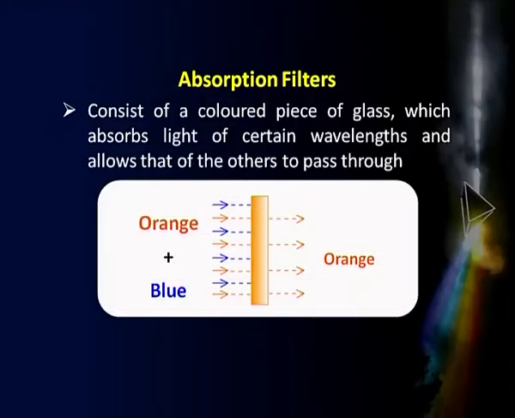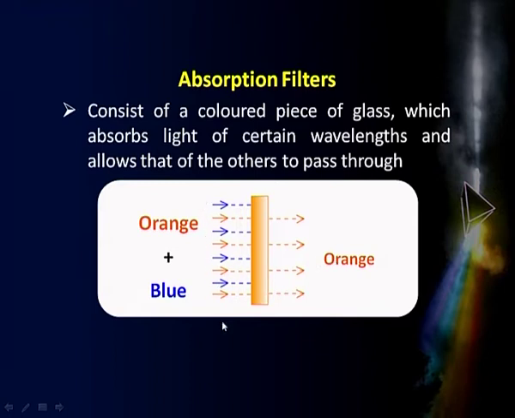Say I am talking about white light, that white light can be created by suitably combining say an orange and blue color. Suppose this is falling on this filter. This glass is such which will absorb part of the radiation. The blue part of the radiation has been absorbed by this, and what comes out of it is the orange part.